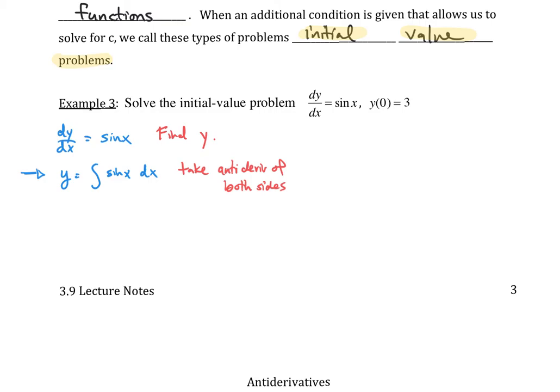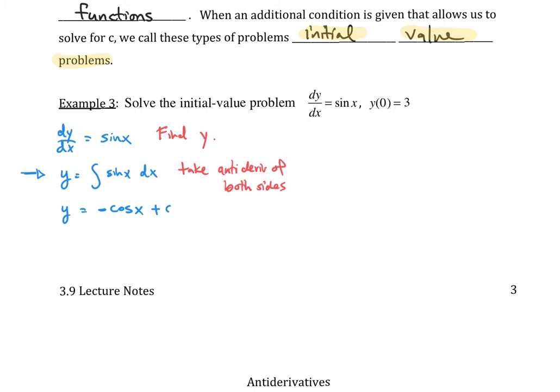That simply means I'm asking what function, when I take the derivative, gives me sine of x? If you took cosine of x, that would not work because the derivative of cosine of x is actually negative sine x. So we need to put an extra negative in front. In addition, if I add any constant, that's not going to affect the derivative.